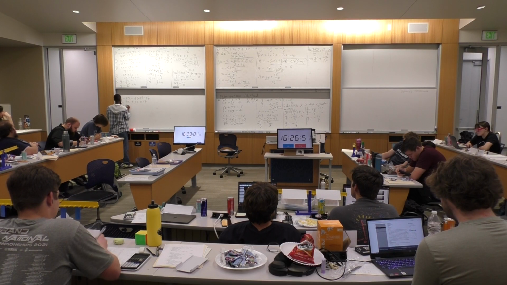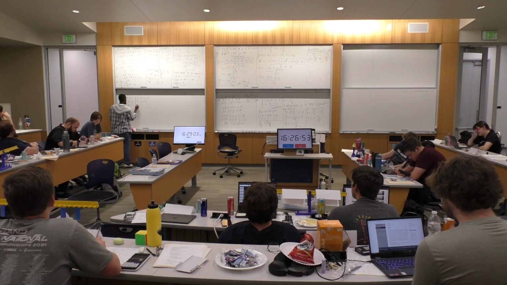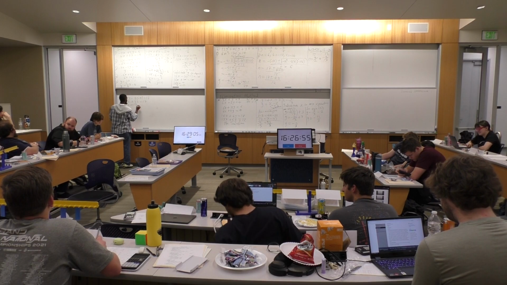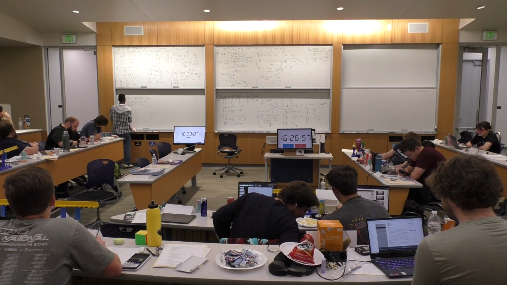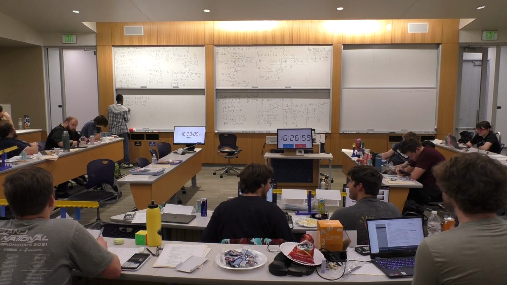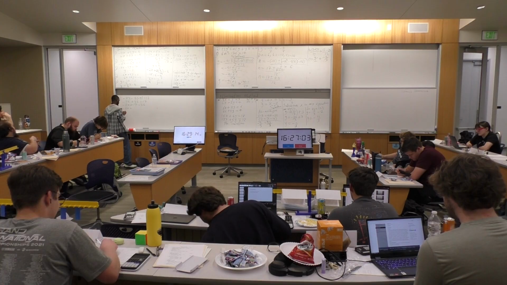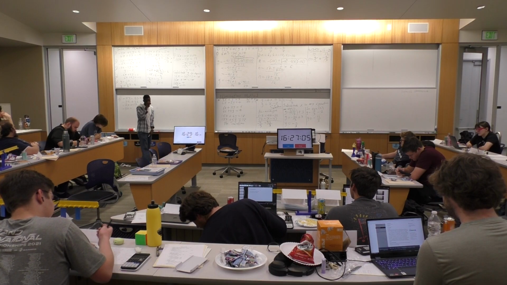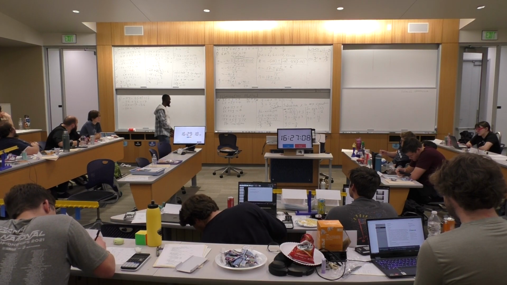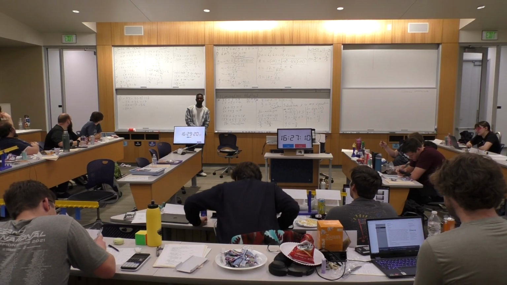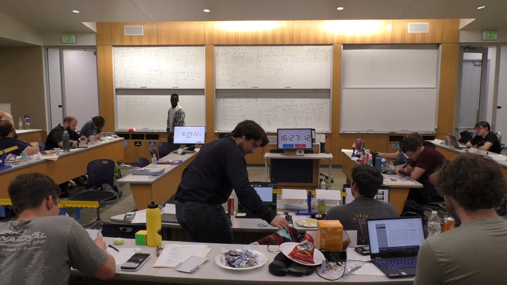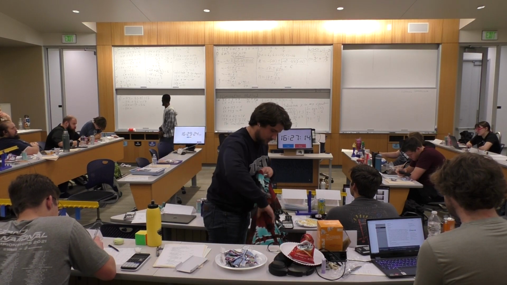You have negative 7x equals 17 negative 35. Hence, you have negative 7x equals 17 negative 35 will give you what? Negative 18.